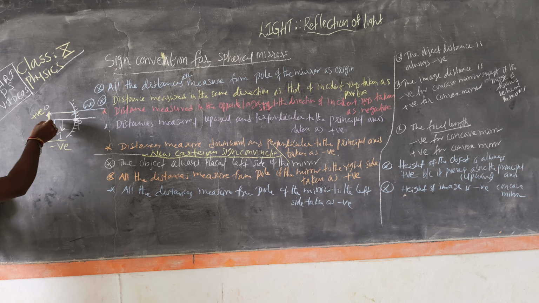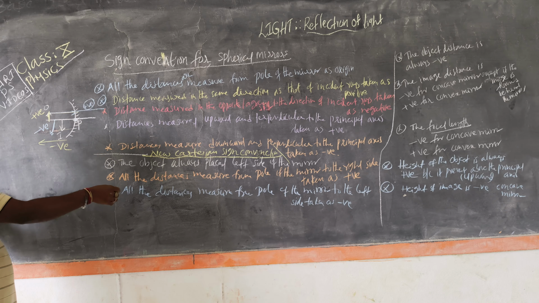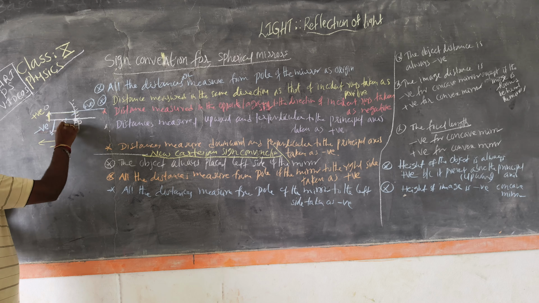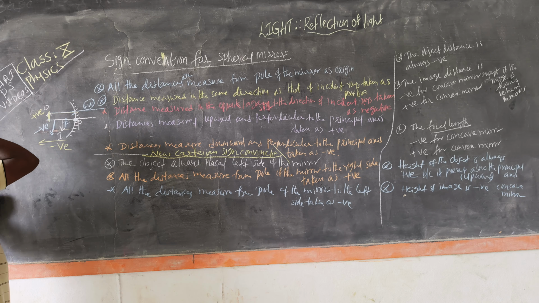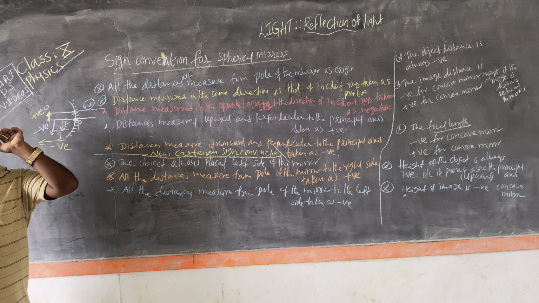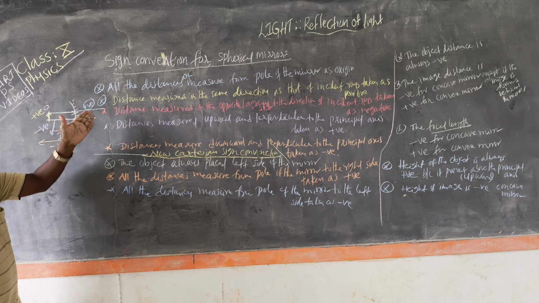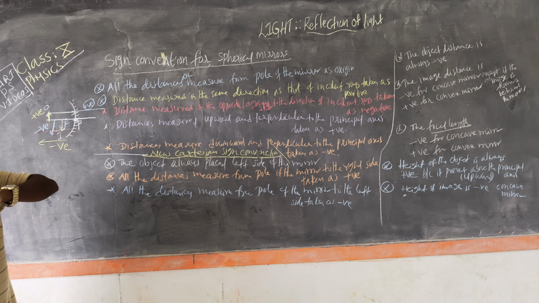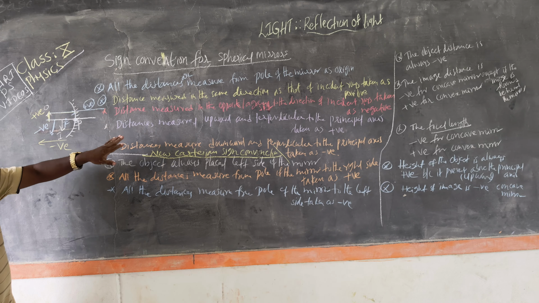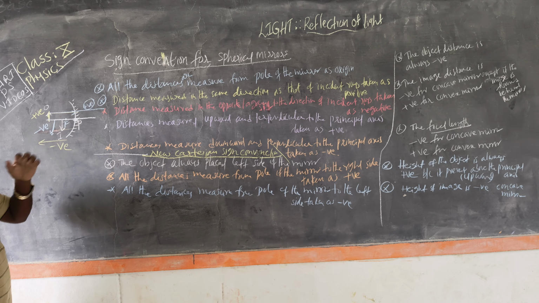So all distances from the pole, whether object distance, image distance, focal length, center of curvature or radius of curvature, whatever is along the direction of incident rays, we take as positive. If opposite, we take as negative.